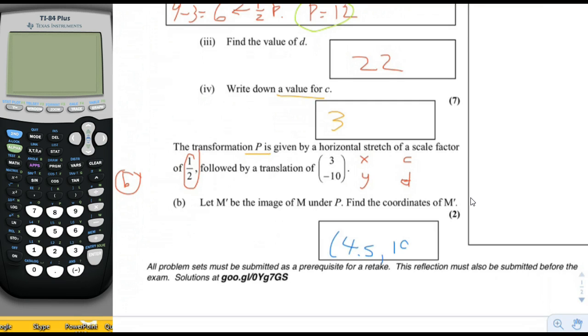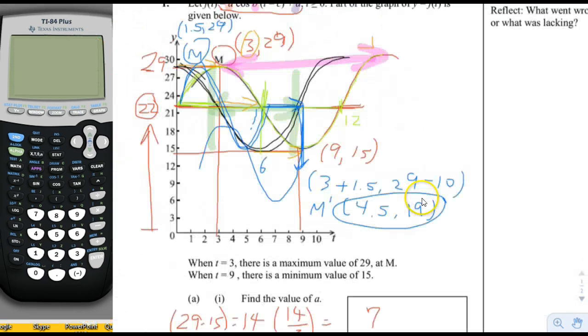Now remember that we could have done this transformation to the point 3 comma 29 without actually drawing the pictures that I drew. Maybe that made it confusing. So you could start with 3 comma 29, and then do a horizontal stretch factor of 1/2. So you just take the x coordinate 3 and make it half, so it's 1.5 comma 29.